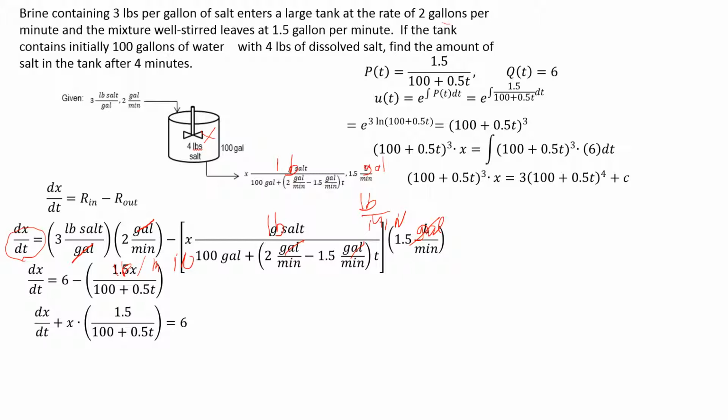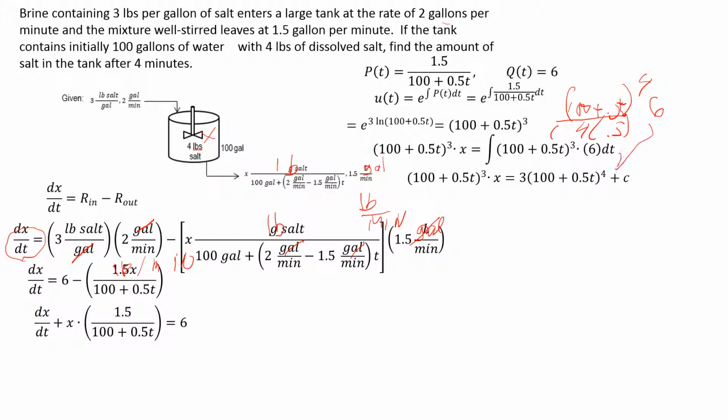You see that this integral is (100 plus 0.5t) raised to the 4th over 4. To balance that, there should be a 0.5 and then times 6 there.